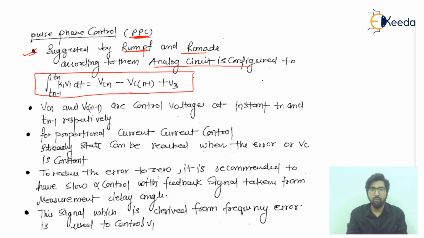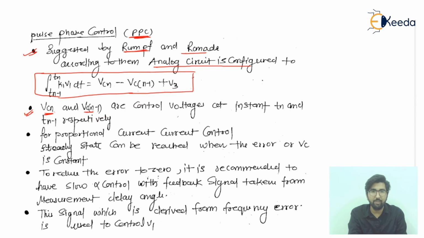Now the VCN is the control voltage for the nth instant and the control voltage for the n-1. These are the control voltages at the instants Tn and Tn-1.